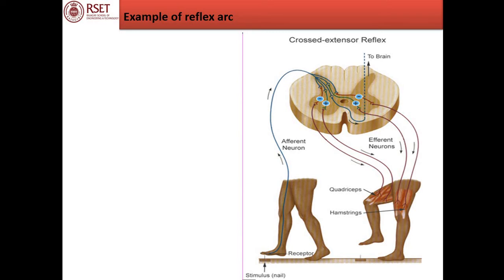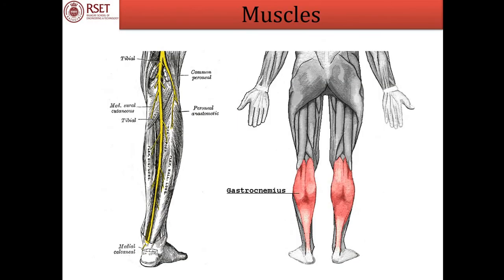Immediately the afferent neurons, which sense the prick of the nail, transfer the information to the brain, and the brain in return through the efferent neurons will communicate to the muscles, the leg muscles of the body, informing them to lift the leg so as to avoid the pain of stamping onto the nail. The muscular system is also quite strong, so this is also an important system in the human structure.